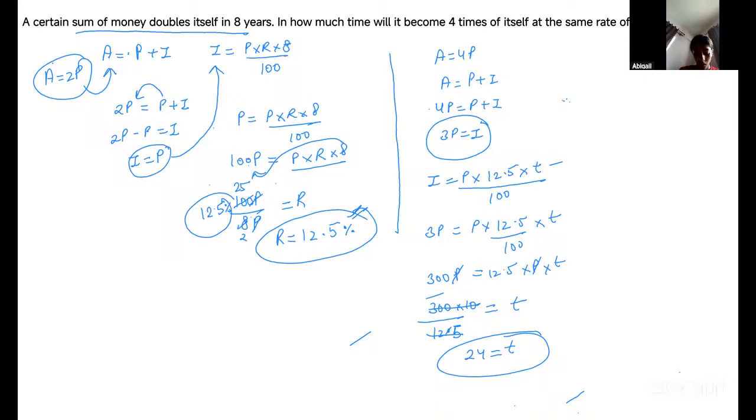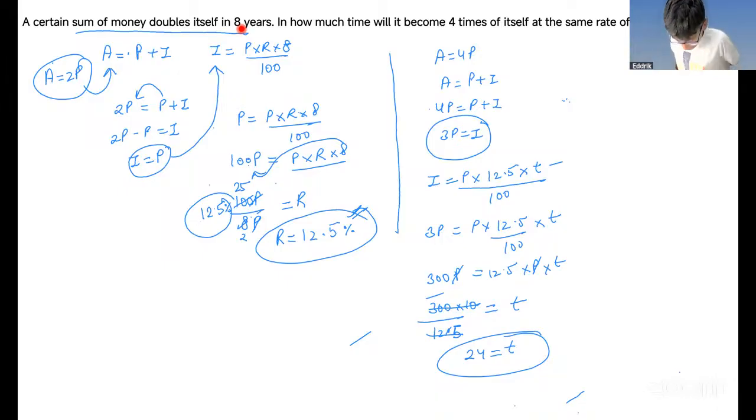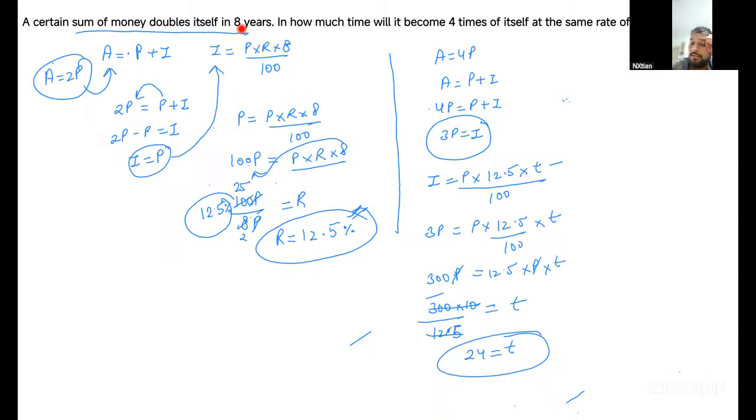Yes. So we saw that the interest of 8 years is P. Then interest of 16 years is 2P, and interest of 24 years is 3P, because every 8 years, 1P is added.